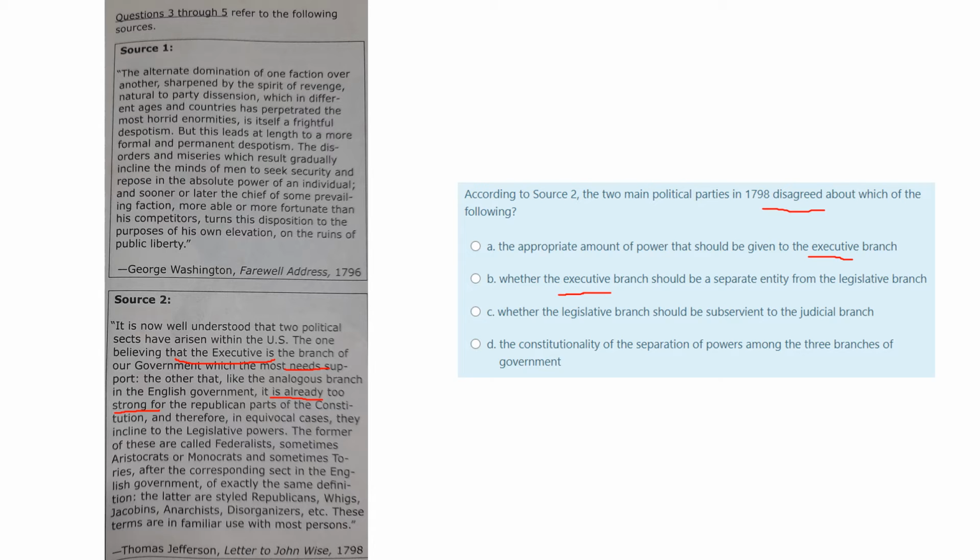We don't have executive in the last two answers, so we can take away answer C and answer D. Now, is this about a power that the executive branch should have, or is it about being separate from the legislative branch? Well, it's about needing support, meaning needing more power, or already too strong, already too powerful. So the correct answer is it's about the amount of power that the executive has.